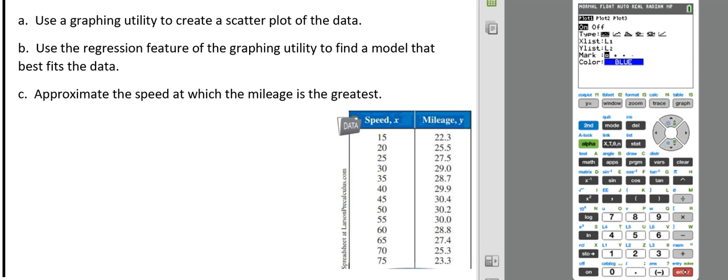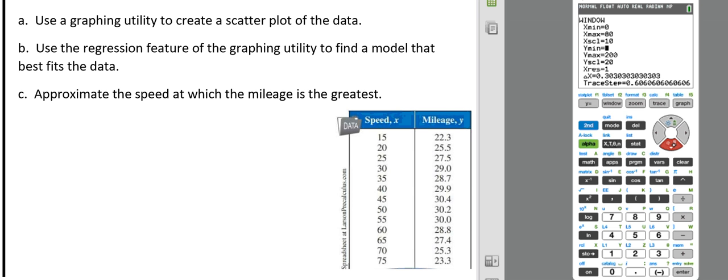And now we just need to adjust our window so that it fits our measurements. So here we have a minimum value of 15 and a maximum value of about 75. So let's make our x window go from 0 to 80, and let's count by tens. For our y values, it seems like we have a low of 22.3 and a high of about 30.